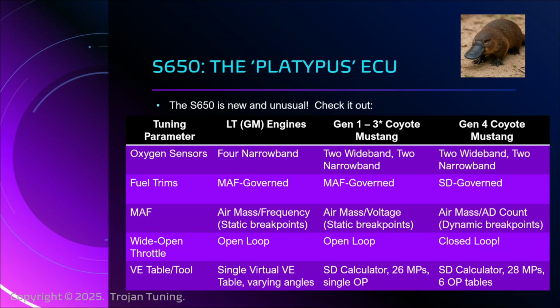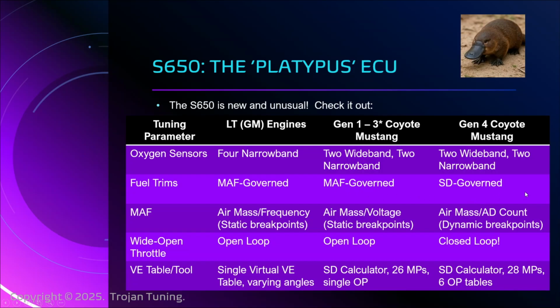When we do go to open loop, that's where speed density and just what optimal power become very important. It's enough said for now. Gen 1 through 3 Coyote were the same. Pretty much static conditions, MAF is the governor, and then for dynamic conditions, different calculations come into play. But most of the time, we're using our mass airflow sensor.